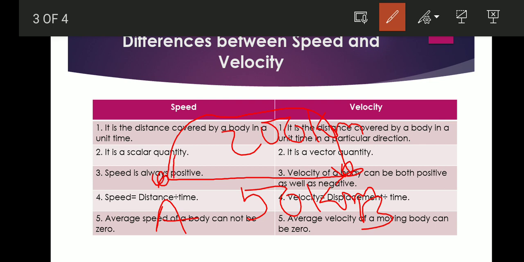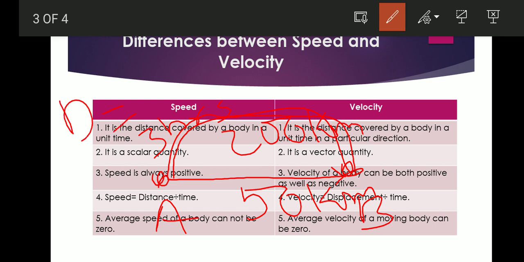So you travel this 200 kilometers and spend 3 hours. Then in this case what would be your speed? Speed is what? Distance by time. Speed is distance by time.